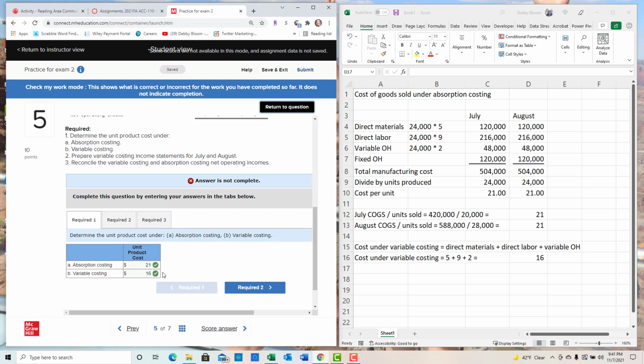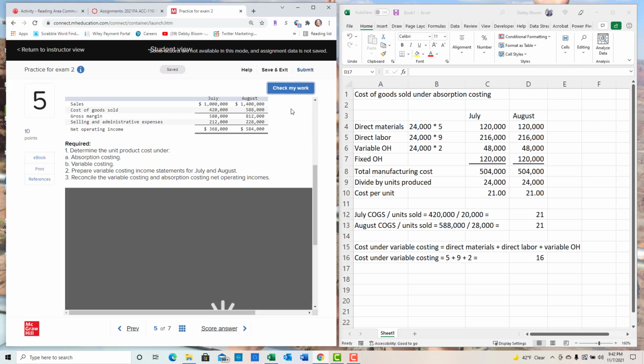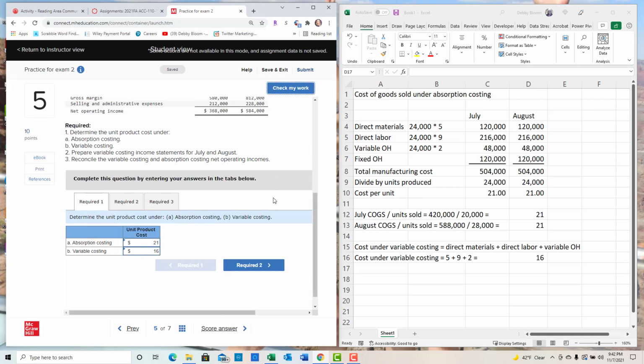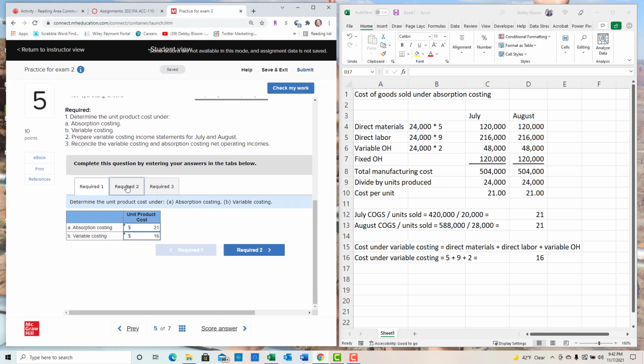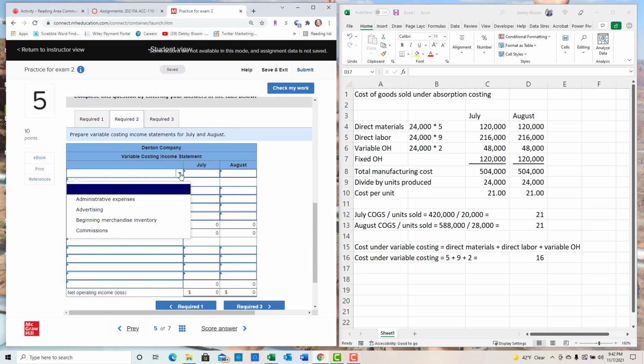Now that we know that we have the correct cost per unit, let's move on to requirement 2, which is to prepare variable costing income statements for July and August. So in our variable costing income statement, we're going to start off with our sales.